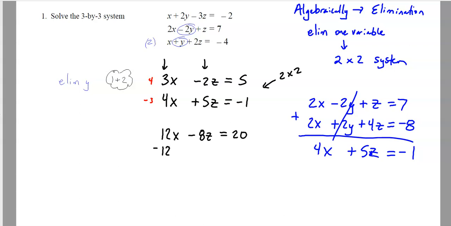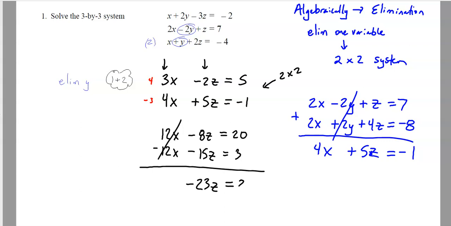Bottom row I'm going to have -12x minus 15z equals +3. And I can now eliminate x's. All I have are z's left. And these are all going to come out to be whole numbers or integers today. No decimals. So if you get a decimal, you made a math error somewhere. And this one comes out pretty clean in that z equals -1.